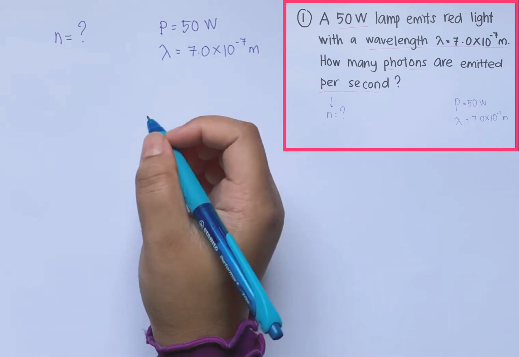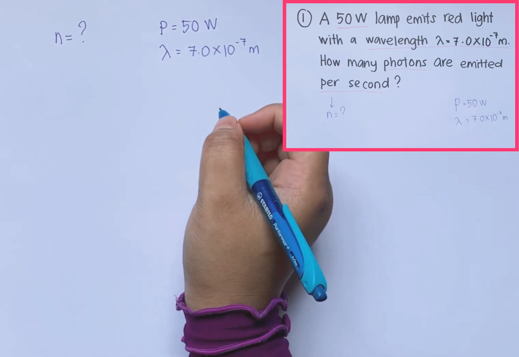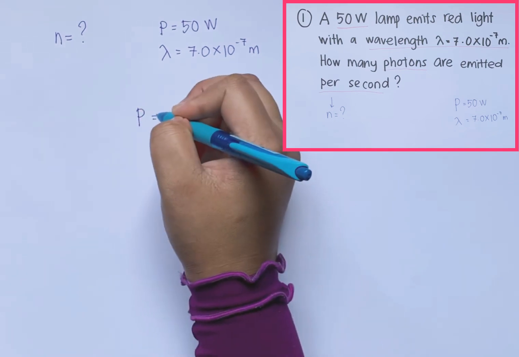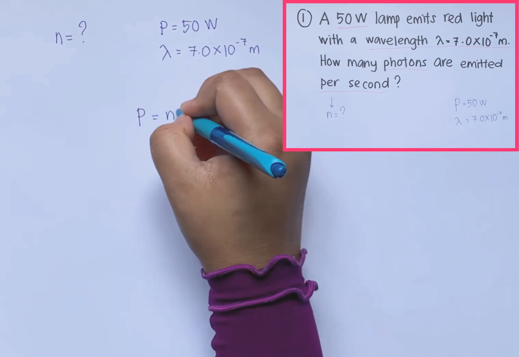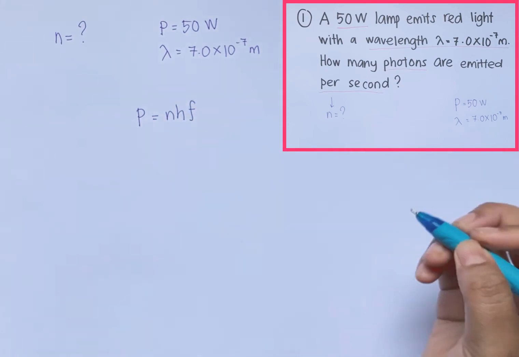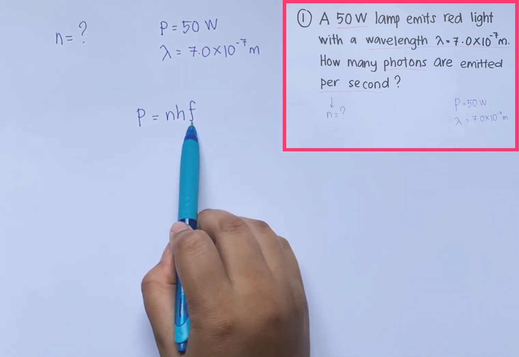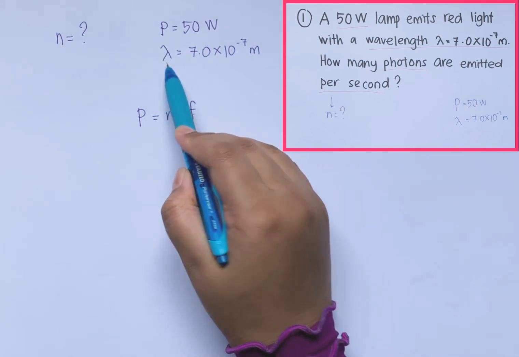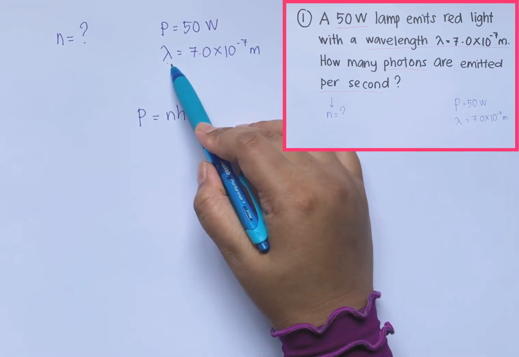As we recall from the previous lesson, P is equal to NHF. As you can see, we don't have F, but we have lambda given to us. So what should we do?